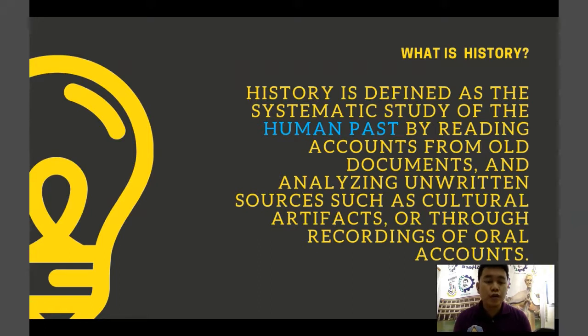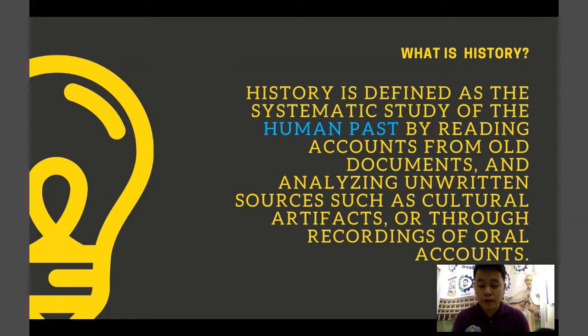Now, if we look at the history of the word history, it came from the Greek word historia, which means finding out, or a form of inquiry, or even a narrative. Now, in some interpretations, historia means the knowledge acquired by investigation.